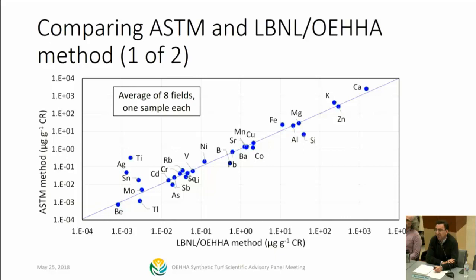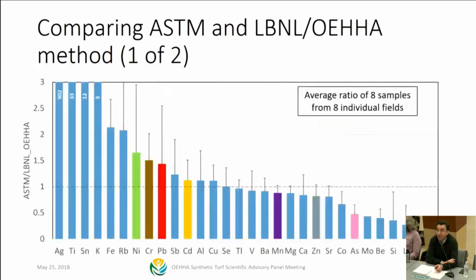We see that with a couple of exceptions, outliers, the vast majority of the elements fall well within the 1-1 line. And you could say, okay, but this is a log-log plot, so what about the linear plot? So we did the linear plot too, which is here.